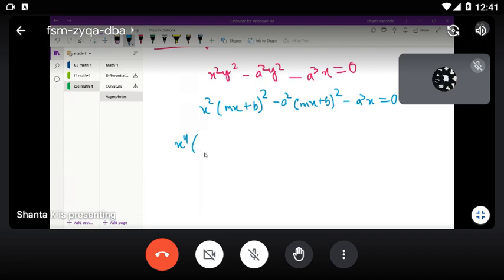What are the coefficients of that? Minus m square into x to the power 4.